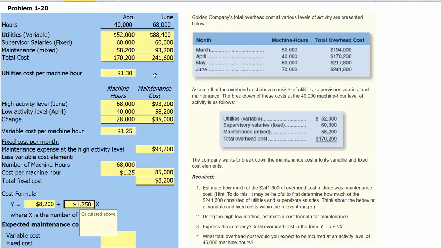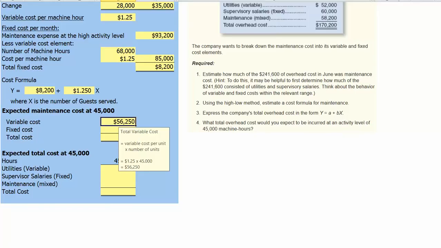Our last step, we're asked to estimate our total overhead cost incurred at an activity level of 45,000 machine hours. Let's go ahead and do that. At 45,000 machine hours, our total variable cost will be $56,250.